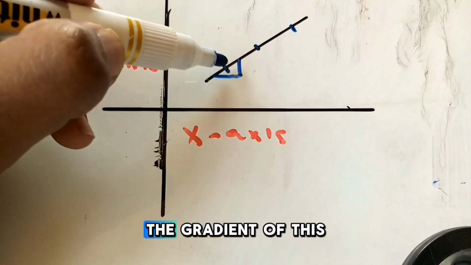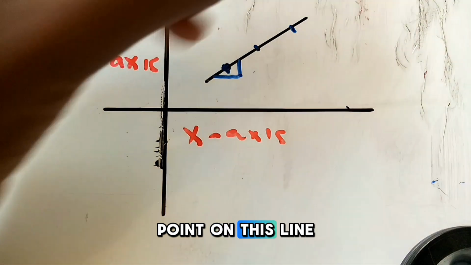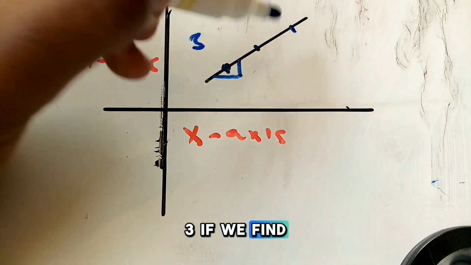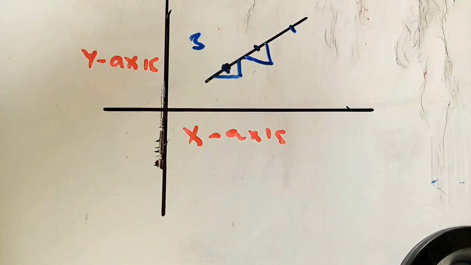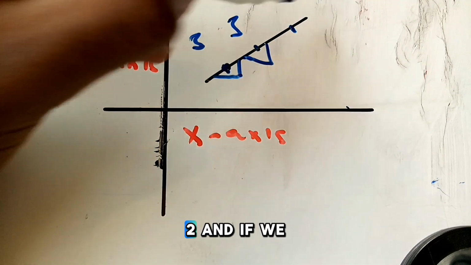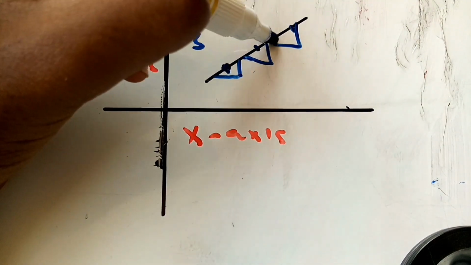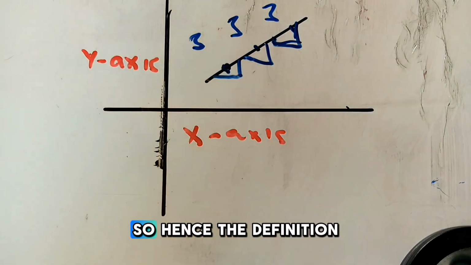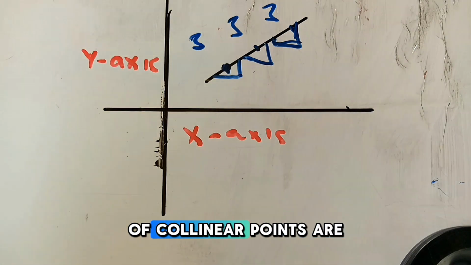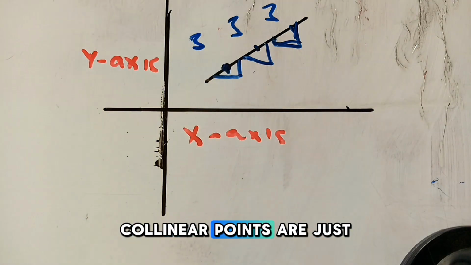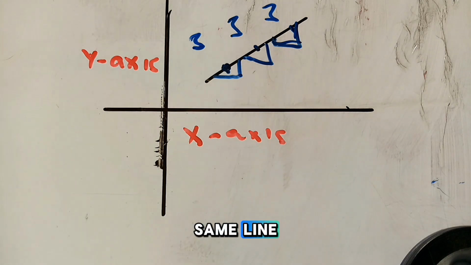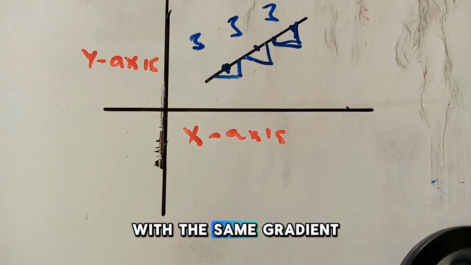For example, if the gradient is 3 and we find the gradient here, it is supposed to give us 3 too. And if we find the gradient here, it's also supposed to give us 3. So hence the definition of collinear points is just different points which lie on the same line with the same gradients.